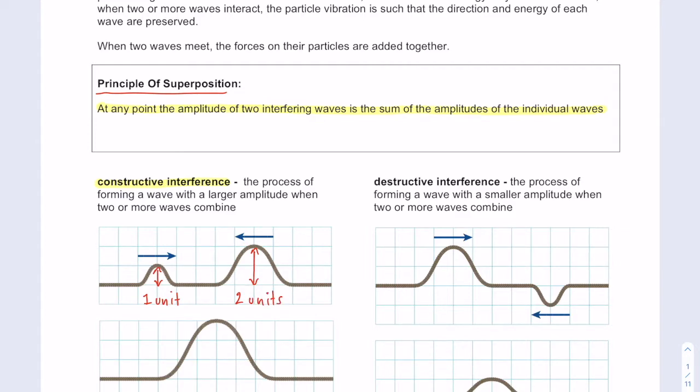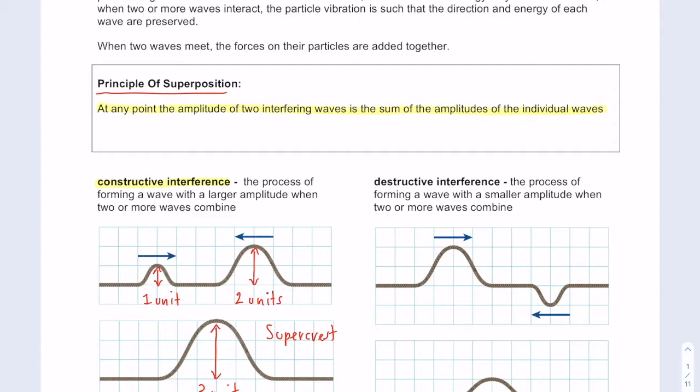When these two interact with each other, the principle of superposition states that the resulting interference pattern will result in a wave whose amplitude is equal to the sum. And we can see in the diagram that the interfering wave pattern is a supercrest whose amplitude is 3 units, the sum of 1 and 2 units.